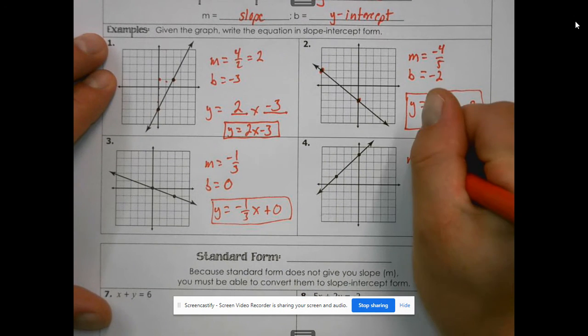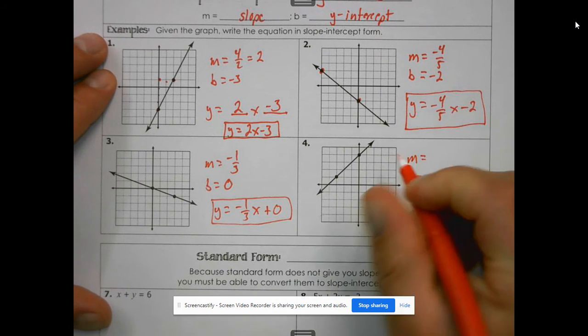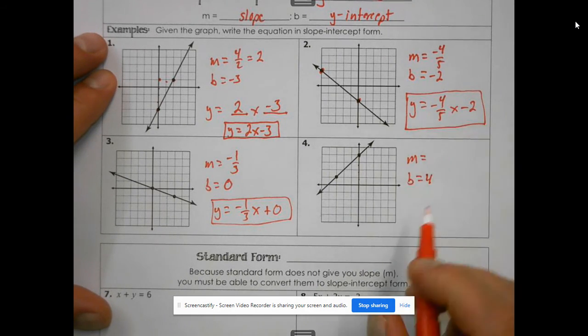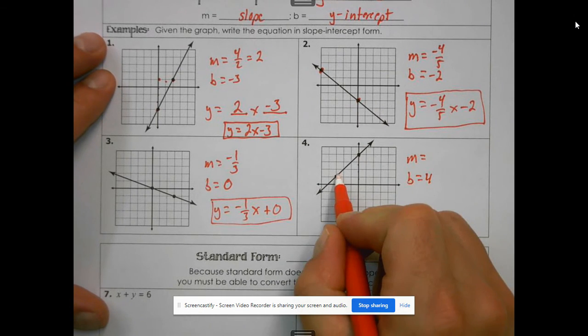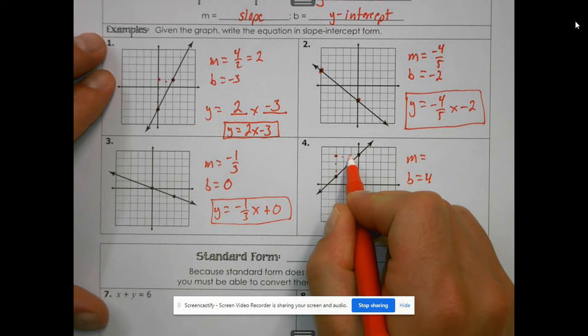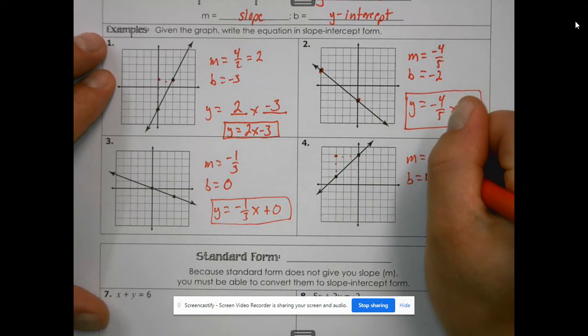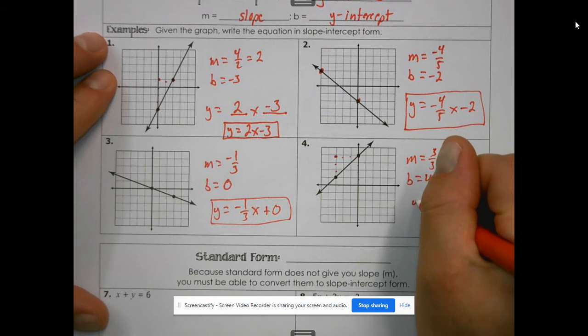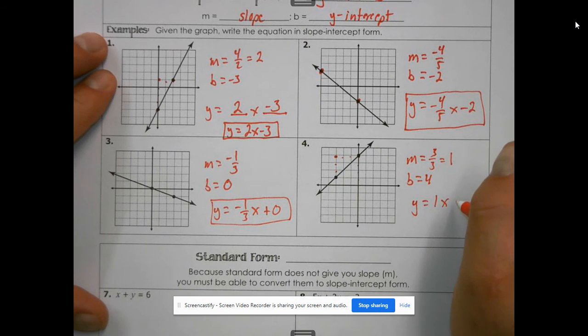Number 4, y-intercept is 1, 2, 3, 4. Slope, up 1, 2, 3, over 1, 2, 3. That reduces to 1. Equation, y equals 1x plus 4.